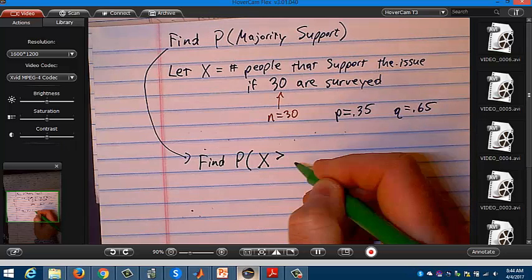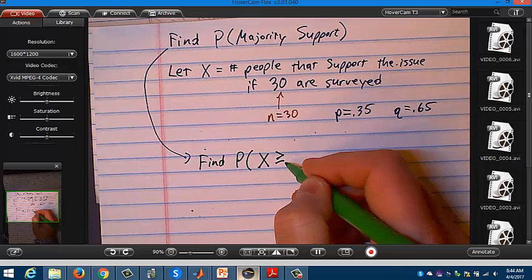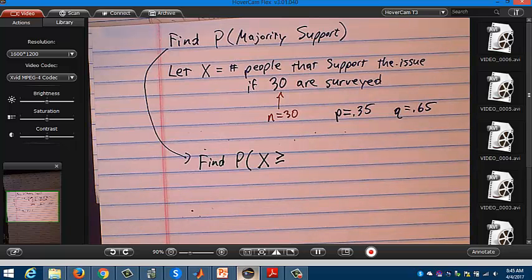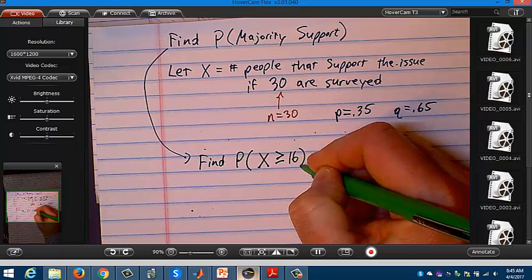Greater than or equal to, what would be the majority out of 30? I guess 16, right? If you say 15, is that a majority? That's a tie. So let's say X greater than or equal to 16.